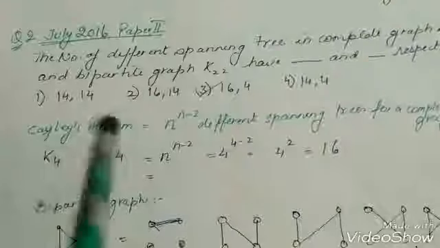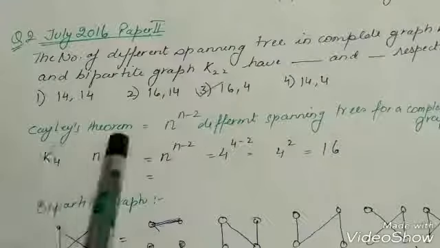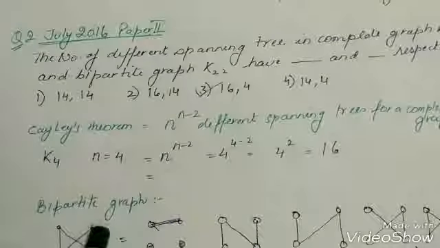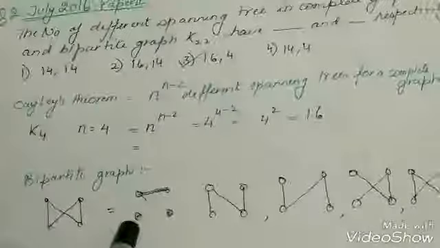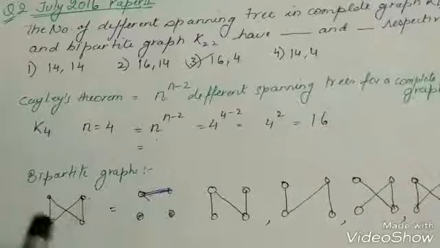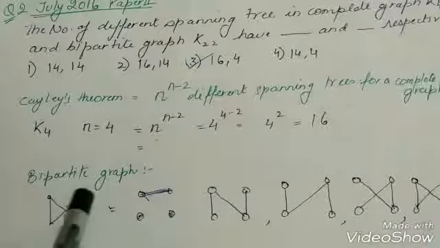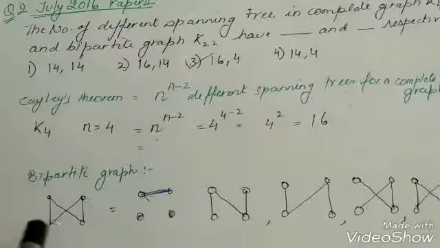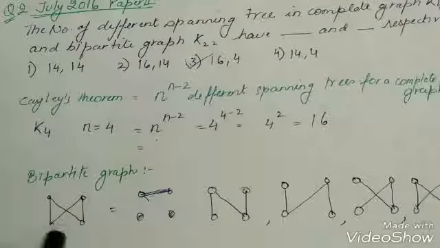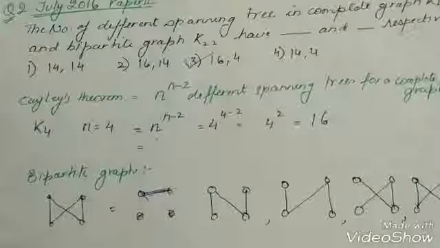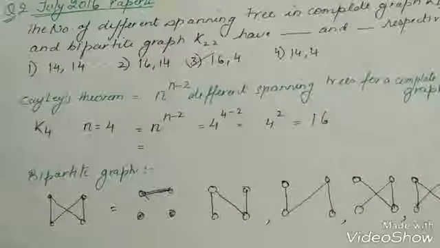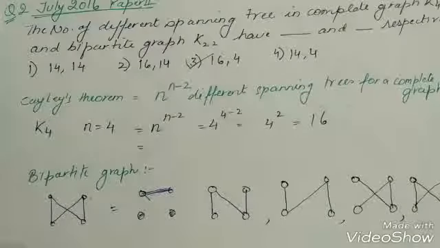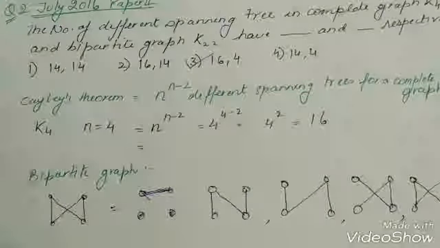But what about the bipartite graph? This formula is applied only to complete graphs. For the bipartite graph, we need to make the spanning trees. So this is K2,2, with 2 nodes here and 2 nodes here. The condition for a spanning tree is that all 4 nodes will be included, and n minus 1 edges will be included.